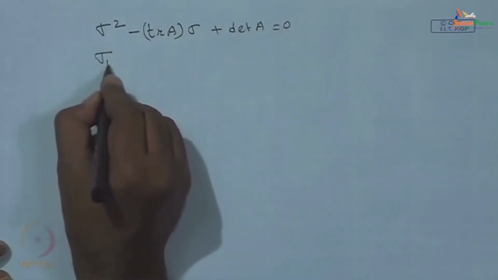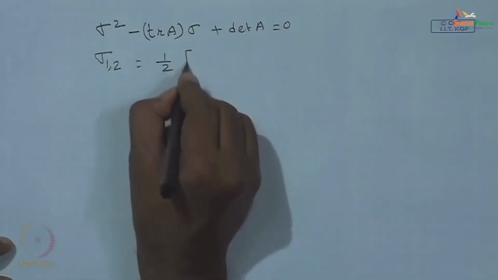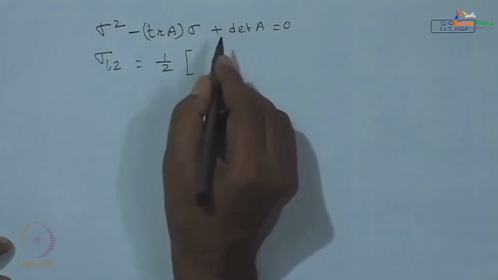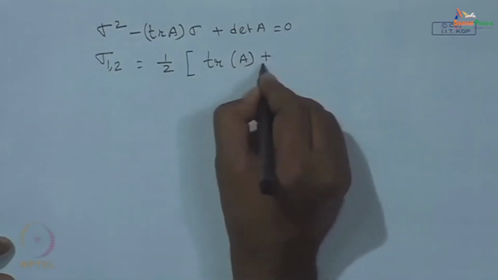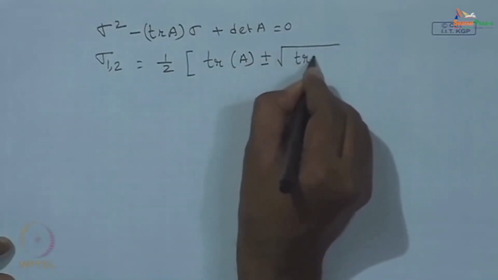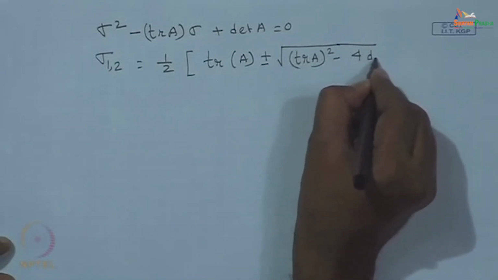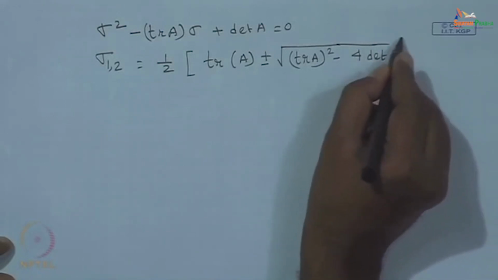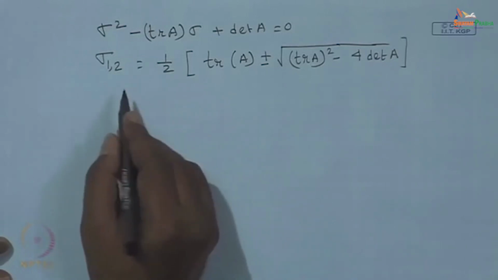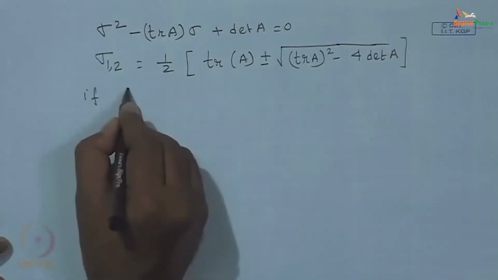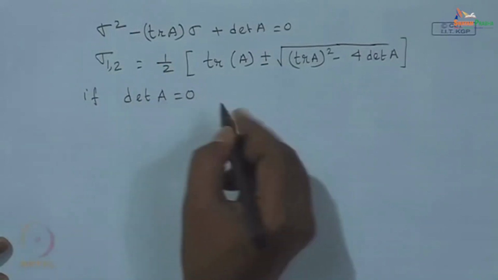The roots of this quadratic equation, sigma 1, 2, will be half times trace of A plus minus under root trace of A square minus 4 times determinant of A. Now, if determinant of A is equal to 0, let us see what we get.